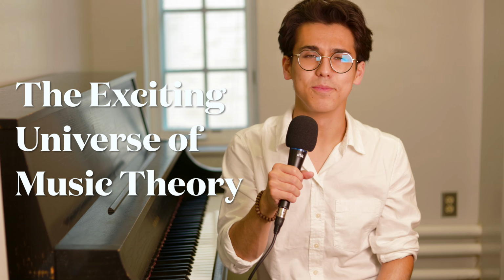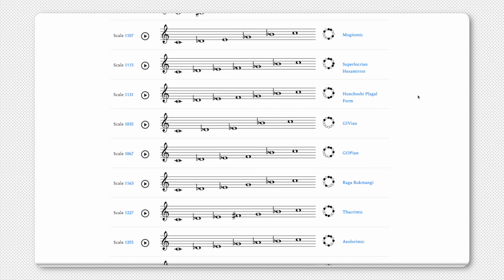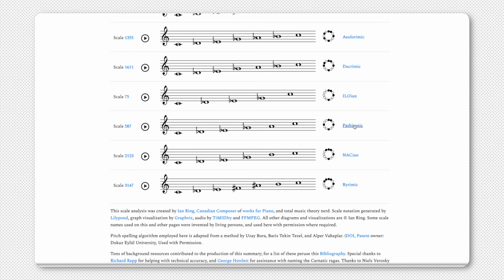This next resource I only discovered in music school because of my composition teacher. It's called The Exciting Universe of Music Theory by Ian Ring. I really don't know how to describe this resource, but it has thousands and thousands of different non-traditional scales. And I've used this resource so many times when I had composer's block and I needed melodic material or pitch material for a new piece.